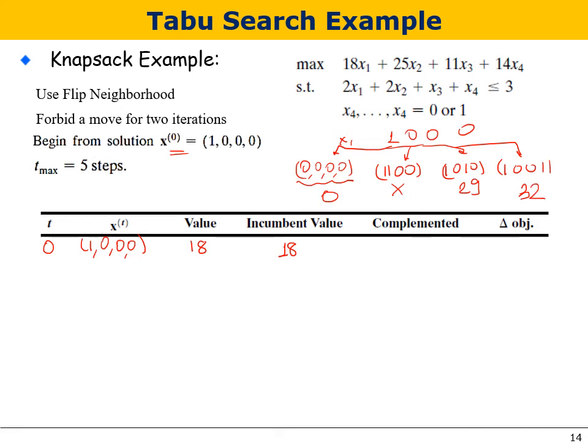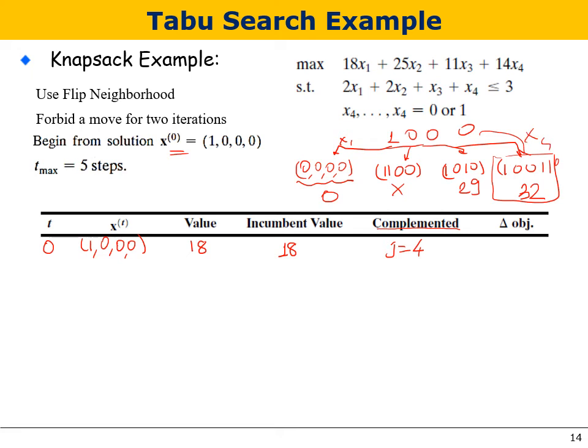So which one is the best one? The best one is this one. So I will keep the variable which is flipped or complemented, flip or complemented, the same meaning here, in my taboo list. So which variable is complemented? When xj is equal to 4, in order to obtain this solution from this one, x4 is complemented.